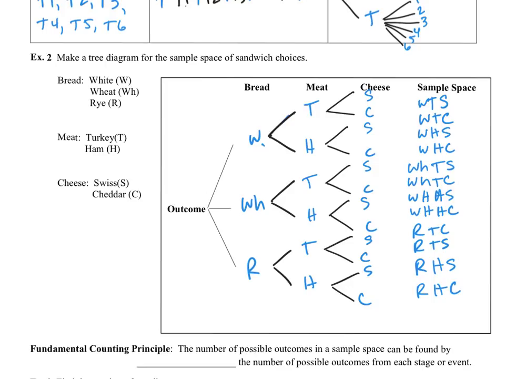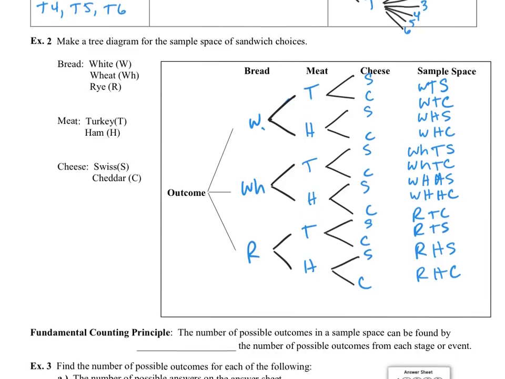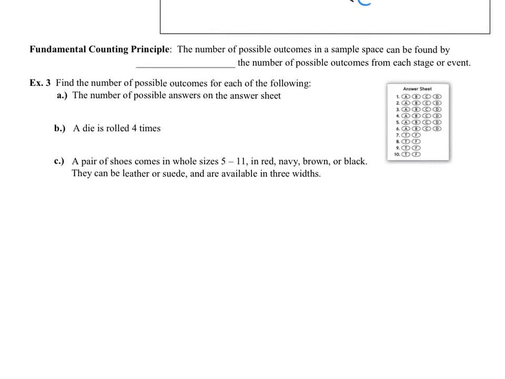Okay, so we're thinking about ways that we could list possible outcomes in an experiment. Now let's talk about how we can count them. So let's learn what's called the fundamental counting principle, which says the number of possible outcomes in a sample space can be found by multiplying the number of possible outcomes from each stage or event.